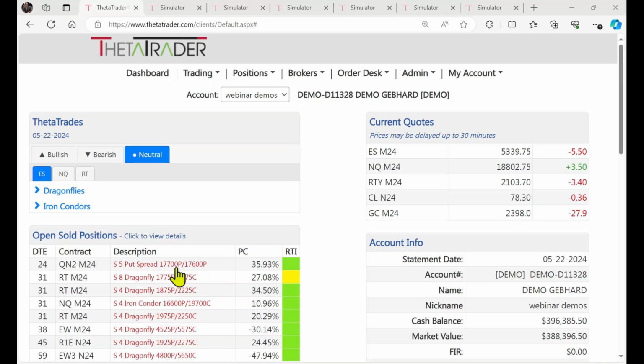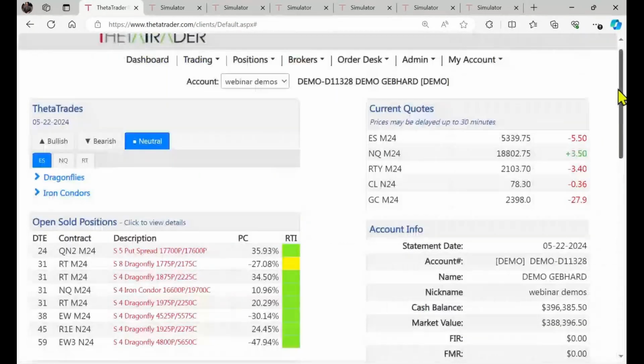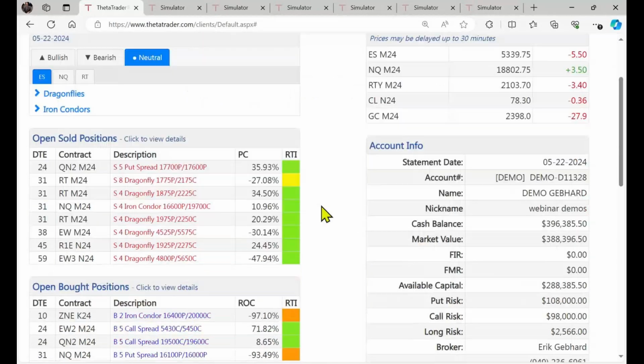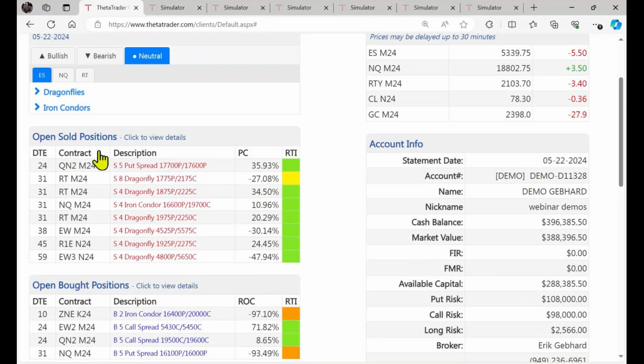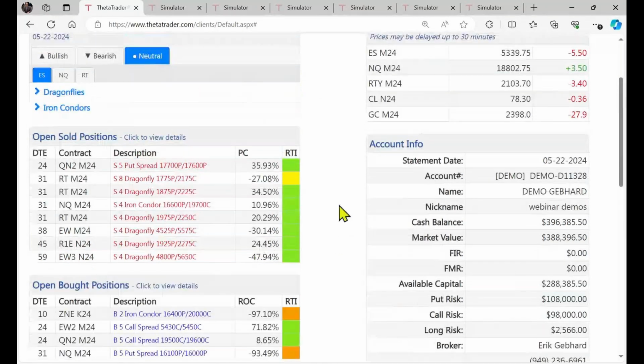This is the ThetaTrader dashboard. You'll see the top section here is for theta trades. These are your open, short, or sold option positions, any long or bought option positions. Over here to the right would be your account info, and all this is integrated with your AltaVest trading account.